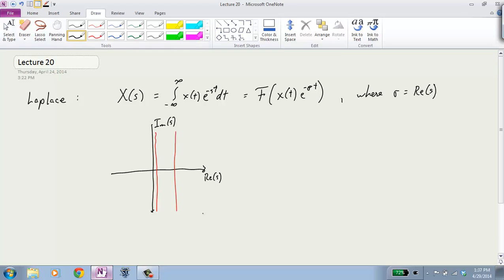So there's some region of convergence, and that just means that when you multiply by these exponentials, you're not going to always get something that you can take a Fourier transform of. Only between a certain range will these actually be Fourier transforms, and they won't exist outside of that range.